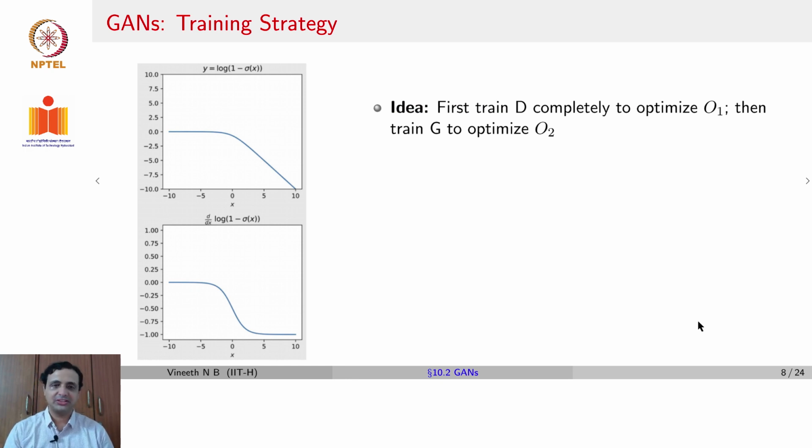Now coming to the training strategy. So the first thing that you can think of is now you have two networks to train, D and G. So far we have seen several other approaches where we had two networks to train. We had detection with two heads. We talked about a Siamese network with two branches.